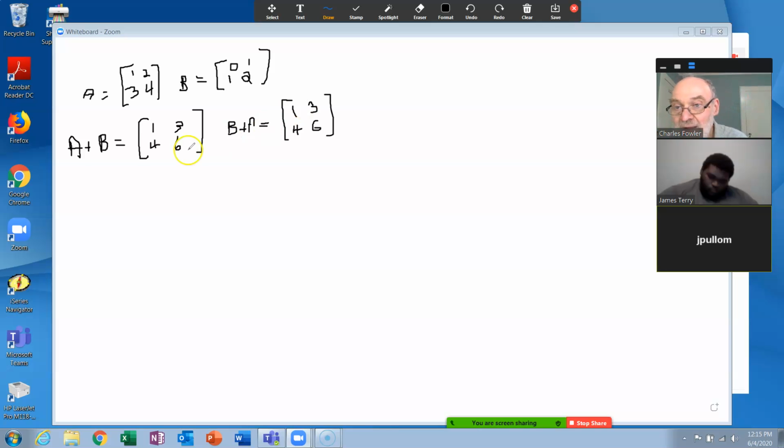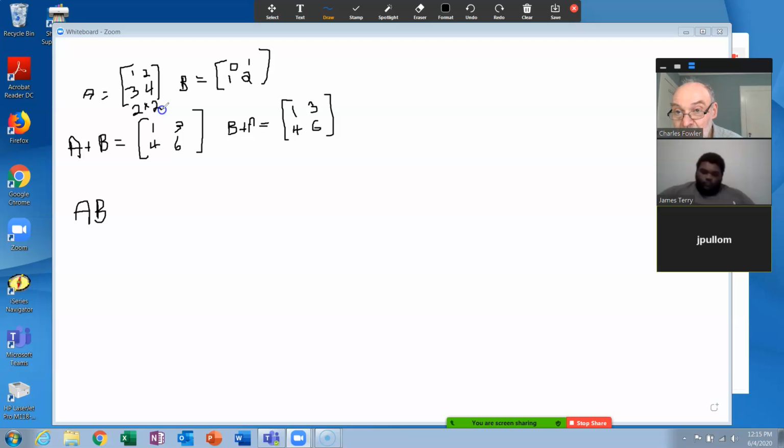Now, let's see if we can do A times B. Okay, the first thing we ask ourselves, can we even do it? And how we answer that is by writing the sizes down. What size is A? 2 by 2, right?